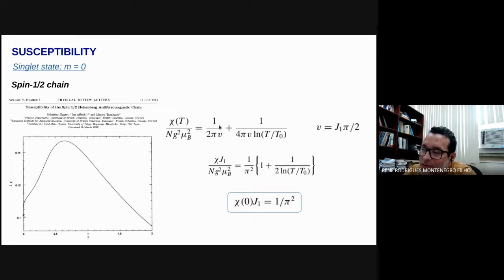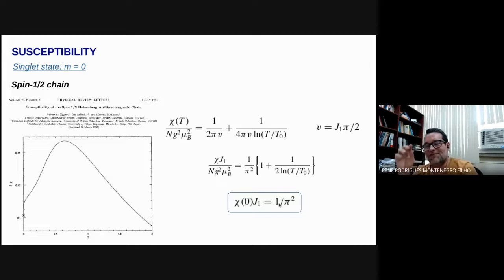Here is the formula from this paper here. And this susceptibility is very interesting. It has an infinite slope here at t equal to 0, and has a finite value here at t equal to 0. This finite value is given by this number here.